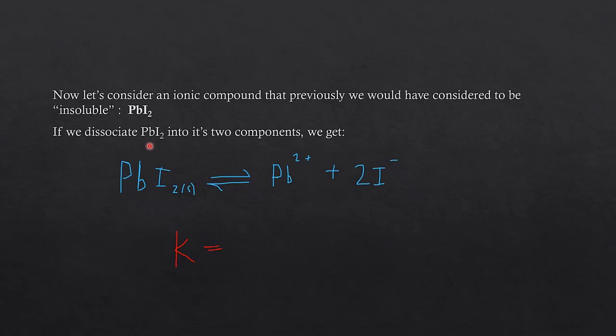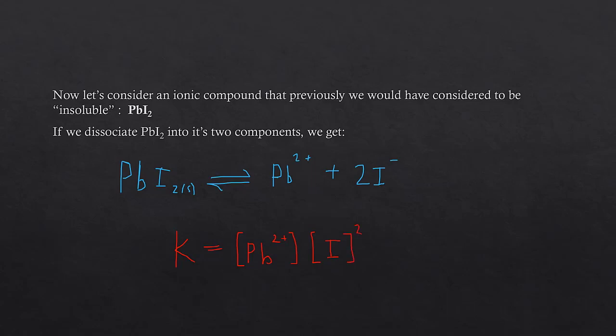So if we have PbI2 and it dissociates into two ions, we have Pb2 plus and 2I minus, right? And now if I told you to write me a K expression, the way we would approach it is K equals products. So our products are going to be Pb2 plus and I minus, and we're going to square this value because there's a coefficient of 2 in front of it, right?